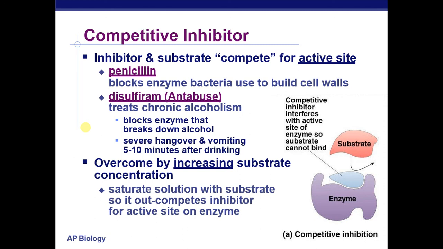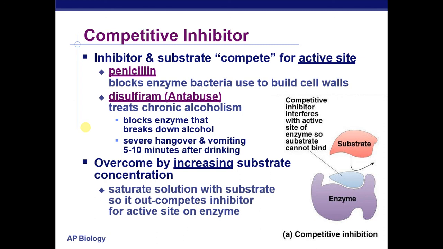A competitive inhibitor that is used to treat alcoholism blocks enzymes that break down alcohol. So when somebody drinks alcohol, it causes a severe and negative reaction in their body, so that they won't drink any more.